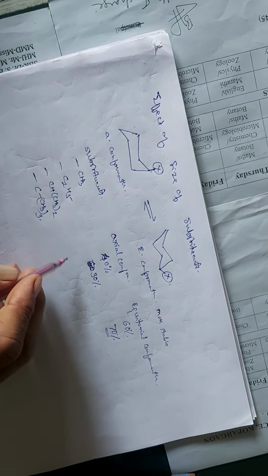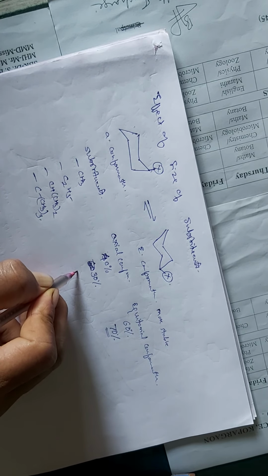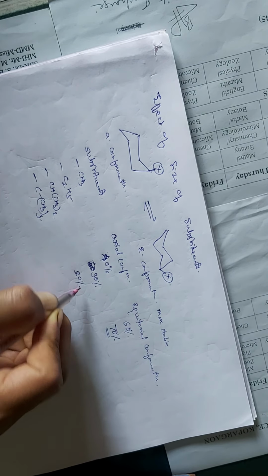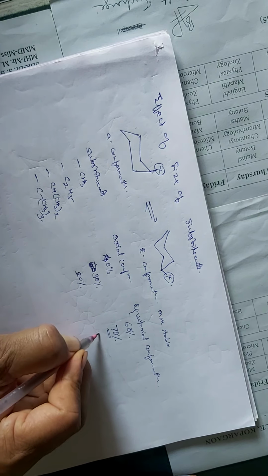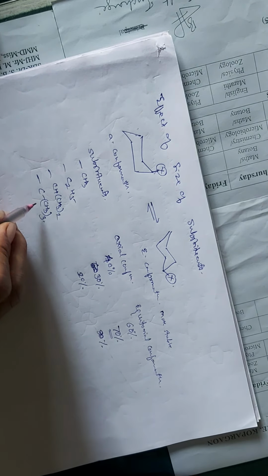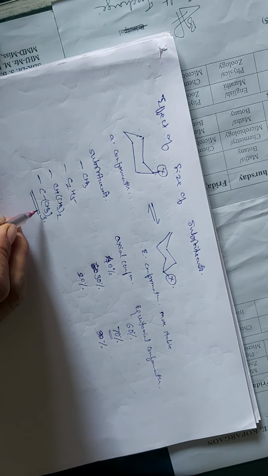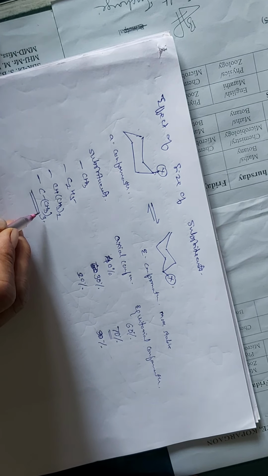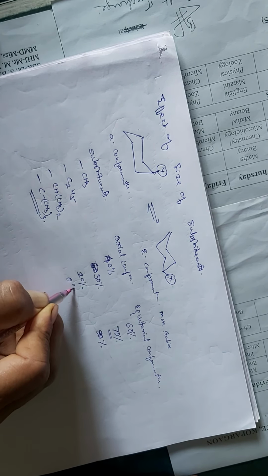So this type of conformation goes on increasing. Here it will become 20% axial when the group changes from ethyl to isopropyl. You will get 80% equatorial conformation. But a group like the tertiary butyl group is so bulky that it does not exist at the axial position.